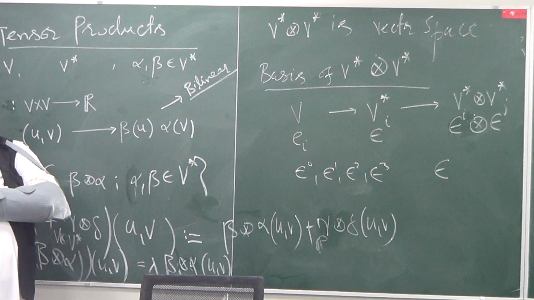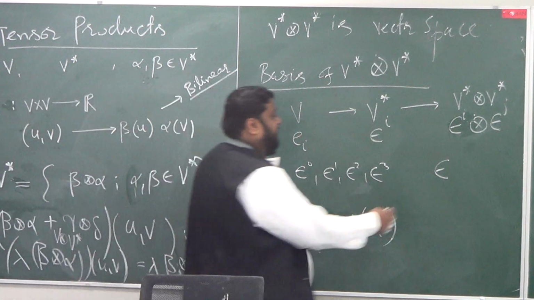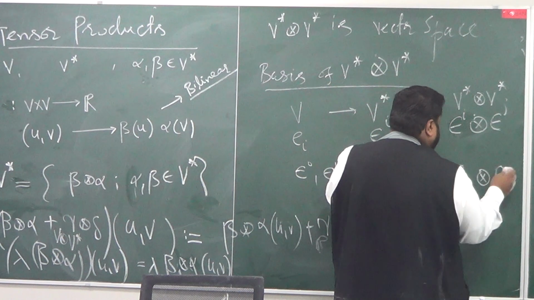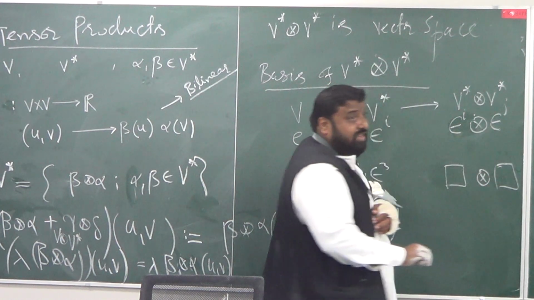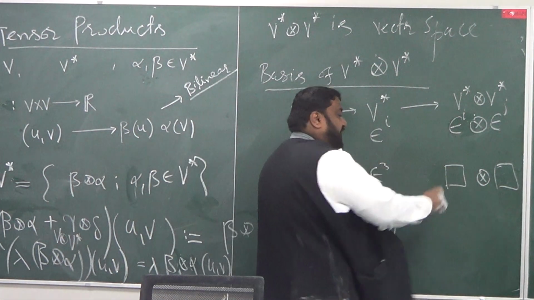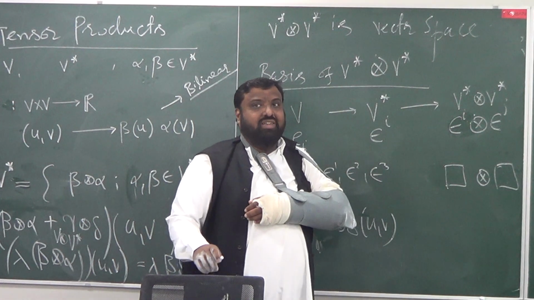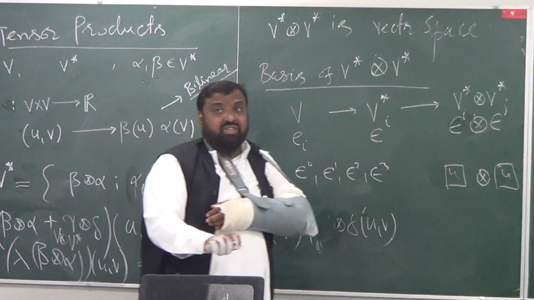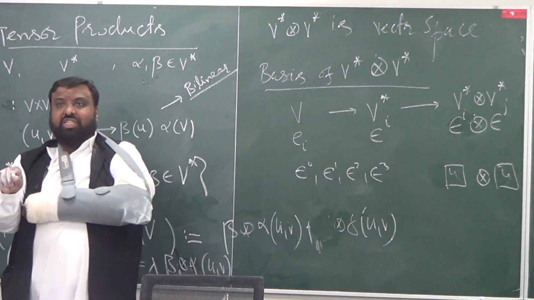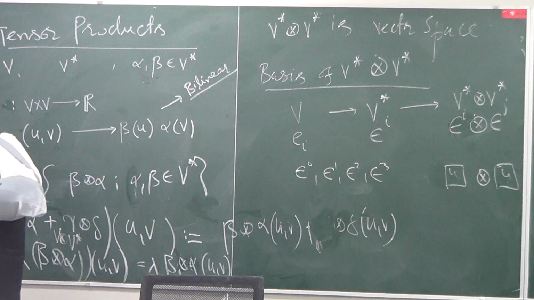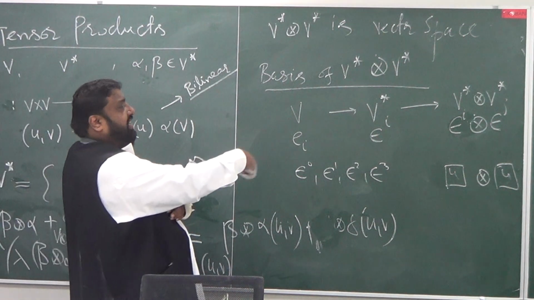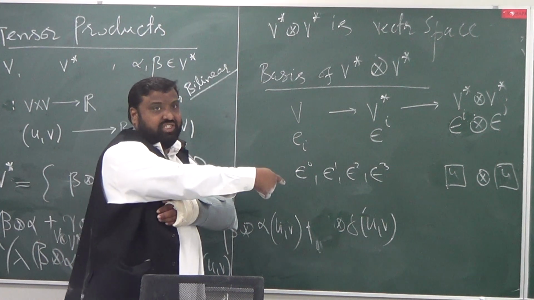You have two boxes to be filled here, so apply the combinatorics. How many choices of vectors do you have for each box? You have 4 here, so you have 16. So it's going to be a 16-dimensional vector space. You have to think about it: when you are taking tensor products, the dimension is increasing.